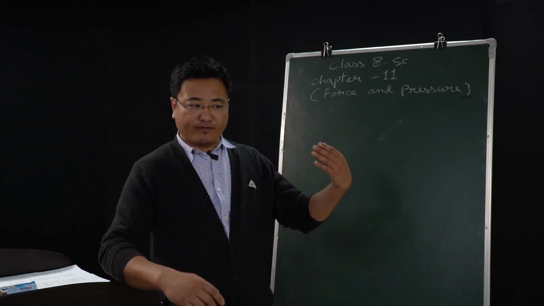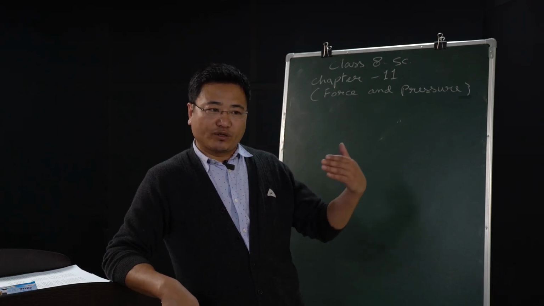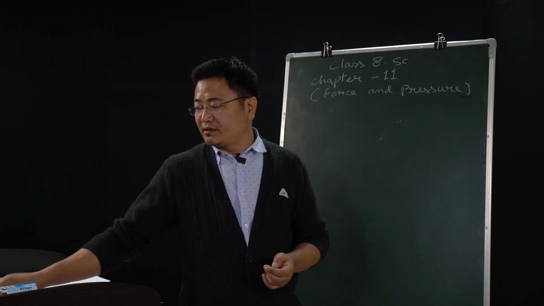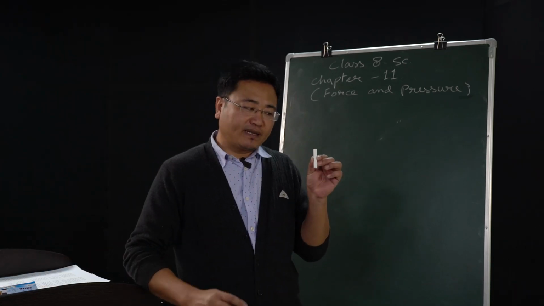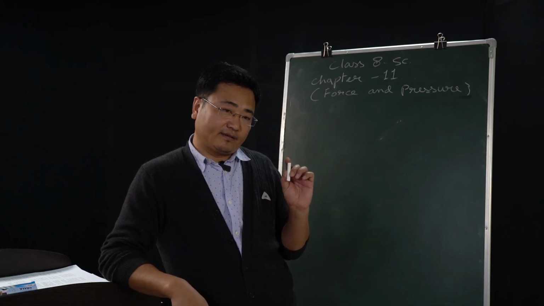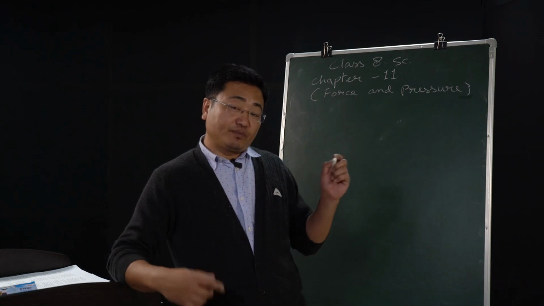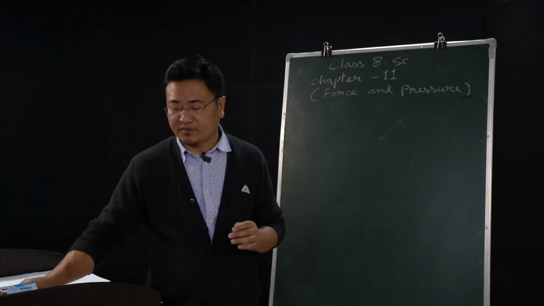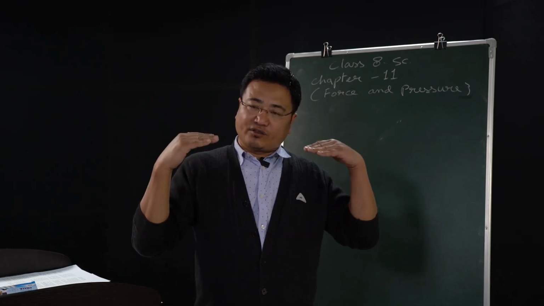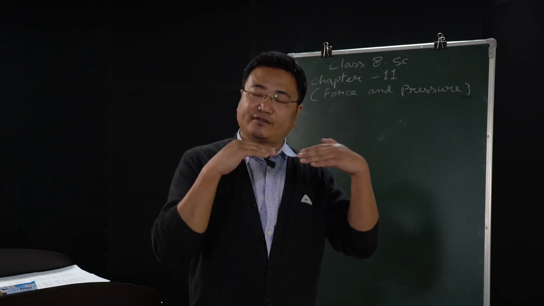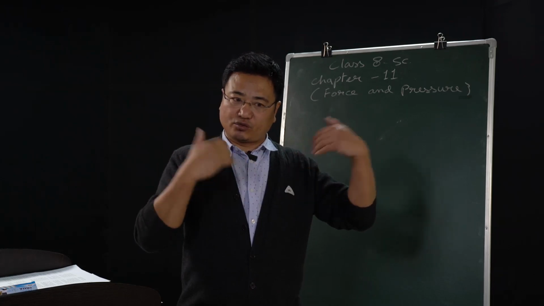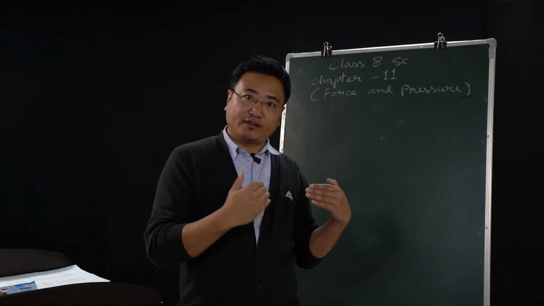So usually all magnets have two poles, right? Suppose this chalk is a magnet, then we have a north pole and a south pole on a magnet. If we bring two magnets together, the south and north poles will start to attract, because they are from two different poles, they will attract each other and come together.